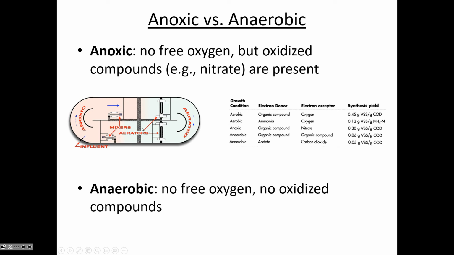The oxygen would be consumed, and then there's going to be a certain part of this circular racetrack configuration when all of the oxygen is used up, but we still have the nitrate present, and so different bacteria would grow in the left side of the reactor compared to the right-hand side of the reactor.